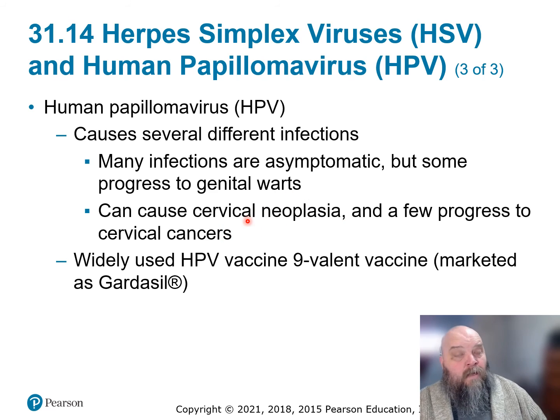Neoplasia is a type of cancerous growth. Does everybody who gets papilloma infection, HPV infection, get this? No. They just have an extreme increase in the probability that they will develop neoplasia at some point in their life.